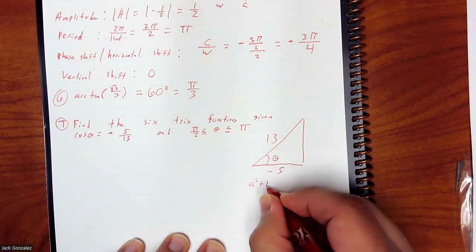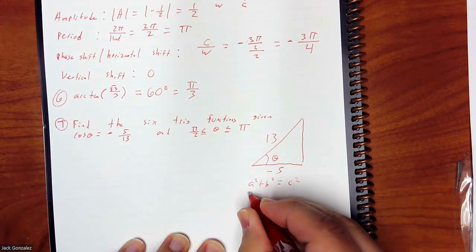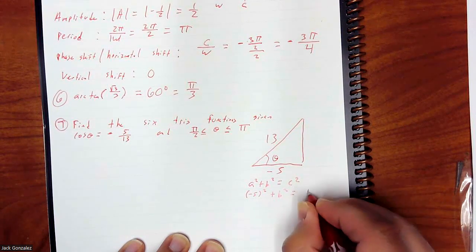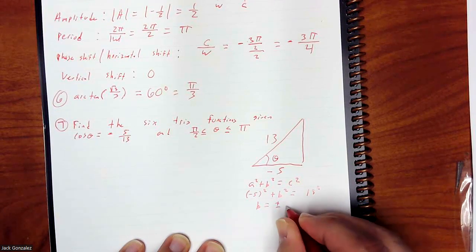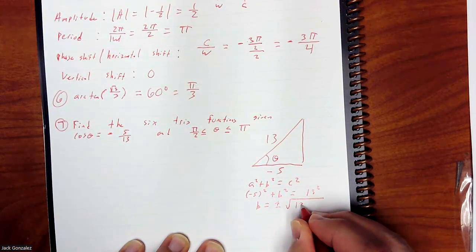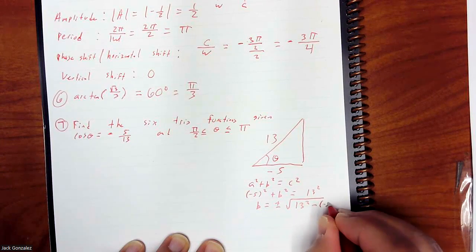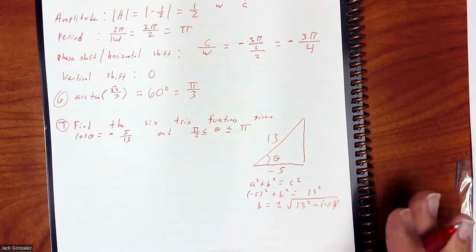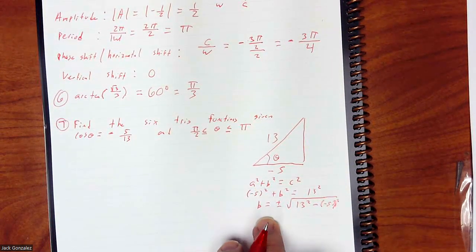To do the Pythagorean theorem, even though I think this is one of the magic triangles, but who cares? Plug in your 5, plug in your 13. The b will equal plus or minus the square root of 13 squared minus 5 squared. It doesn't really matter if it's negative or not, because I'm going to square it. Those details, I'm sure you've done many times.